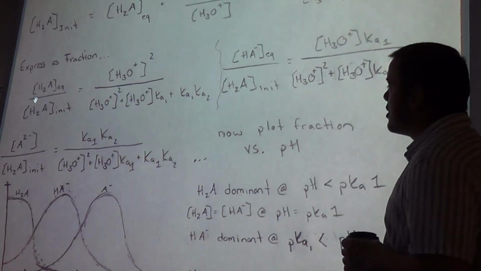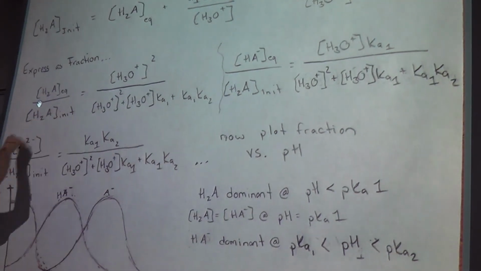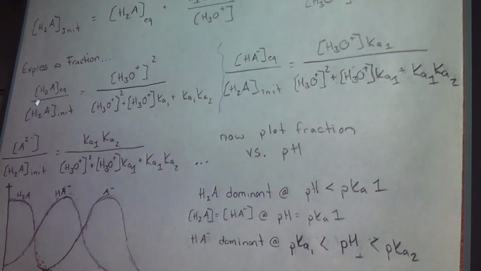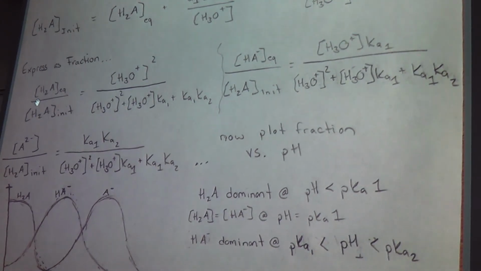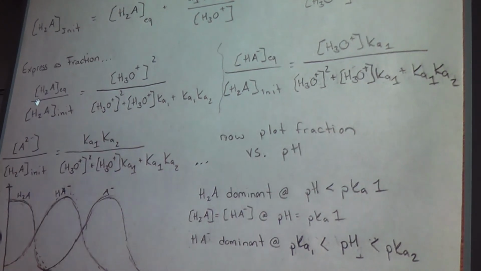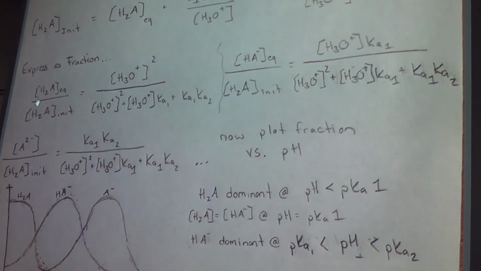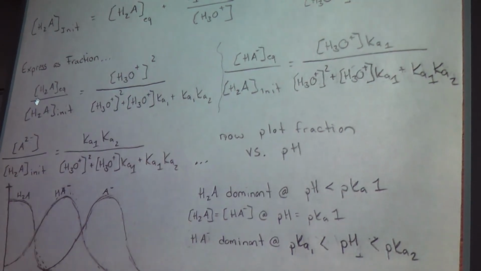And you take the ratios of your equilibrium concentrations of each of the species divided by that initial concentration, and you end up with expressions that look like these. Conc H2A equilibrium over initial goes as H3O+ squared over these terms.